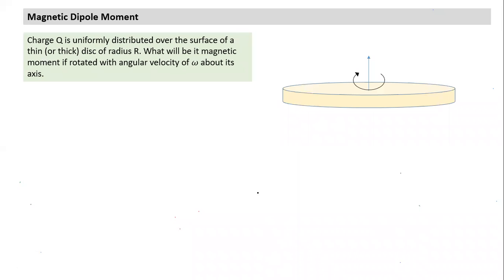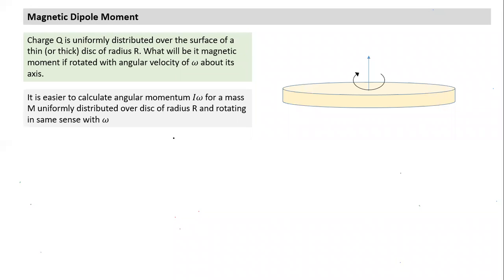Okay, and one more variety of the question is, if a charge is uniformly distributed over the surface of a thin disk of radius r, what is the magnetic moment if it is rotated with angular velocity omega about its axis? So in this particular case, we know any orbiting charged particle creates a current and it becomes like a current loop, and it has a magnetic dipole moment.